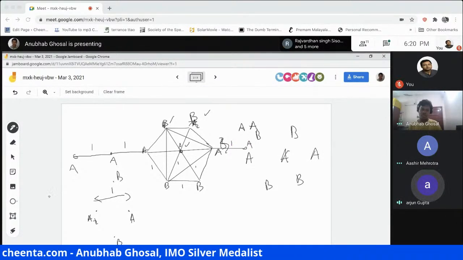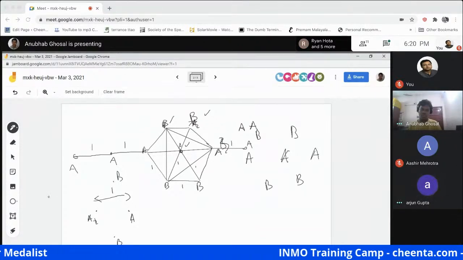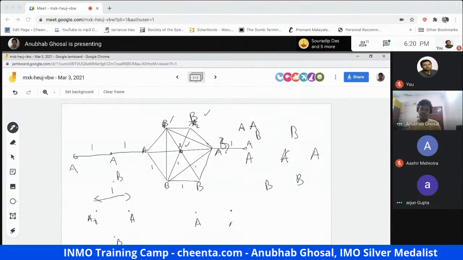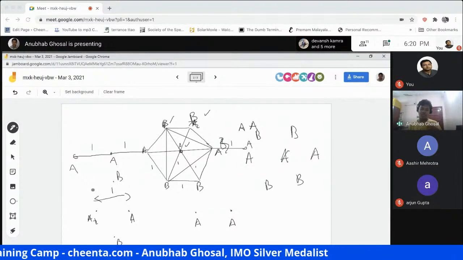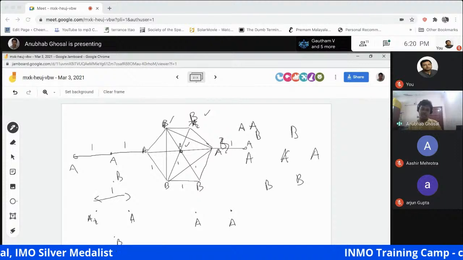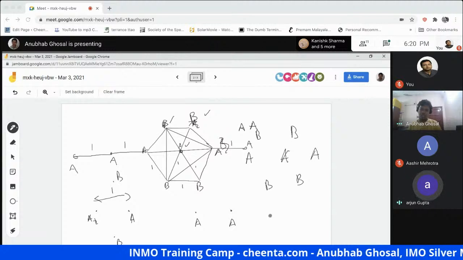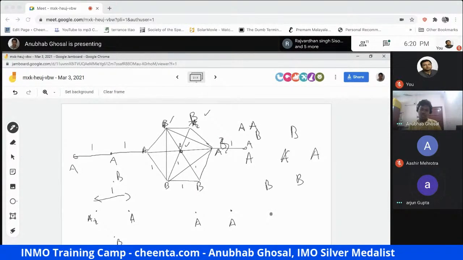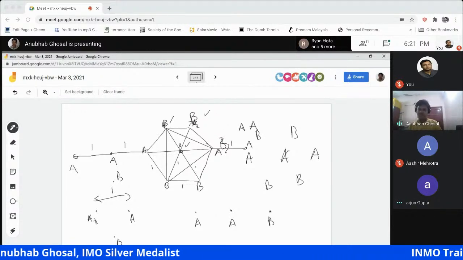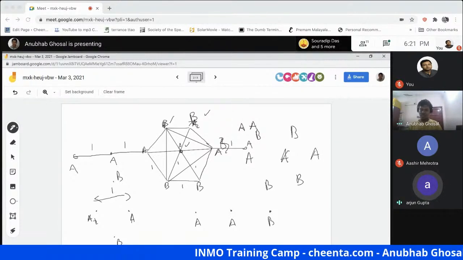He's saying that if we have two points at distance 1 of the same color, then the points along the line at distance 1 away are also that color, not every point on the line, but the configuration shown. So this B is not possible. Why isn't it possible? I can show it on the third page.